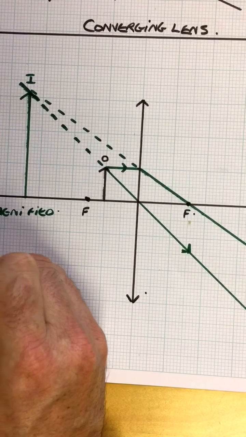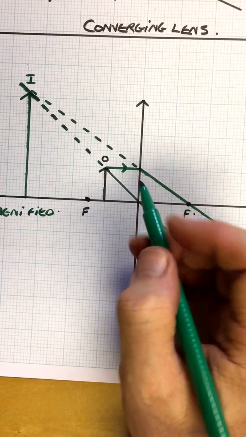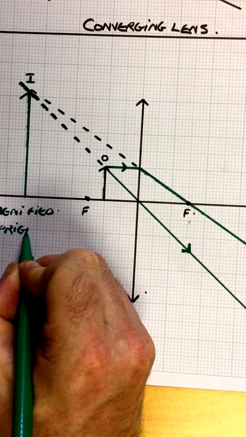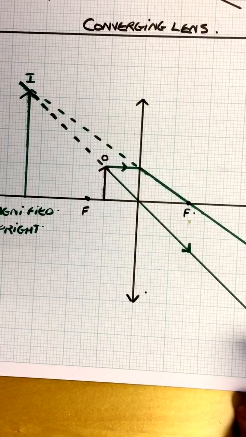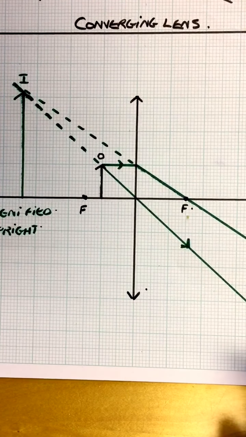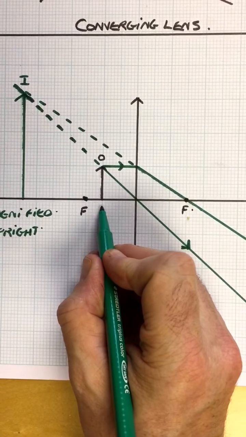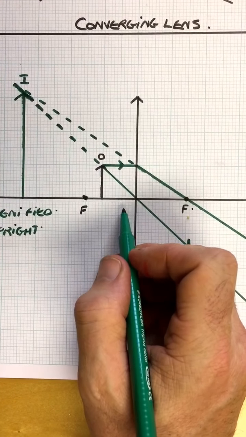And second point to notice is that it is in the same position as the object, so it is upright. And we could work out the magnification now as well, but I'll come back to that in a separate video. So that's the first example that you might get where the object is between the focal point and the lens.